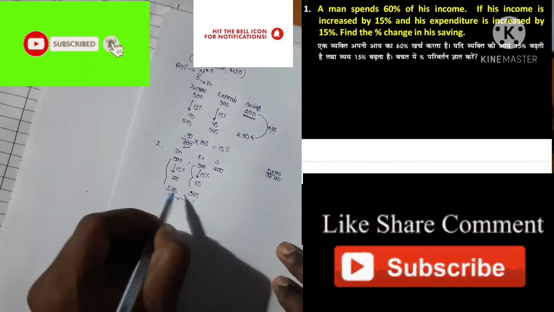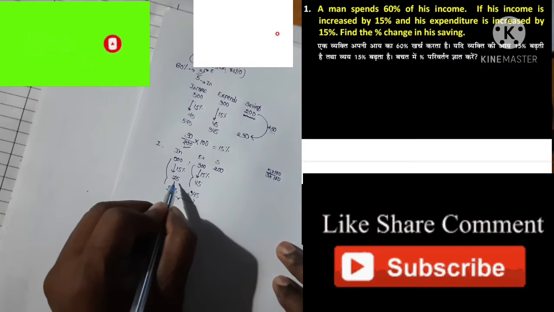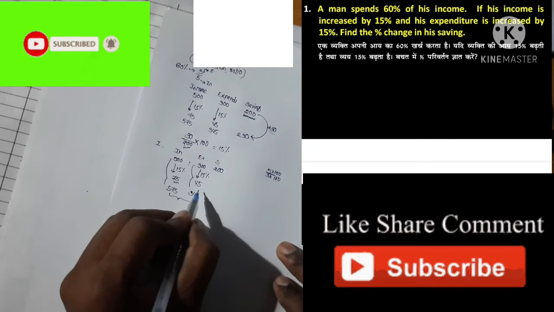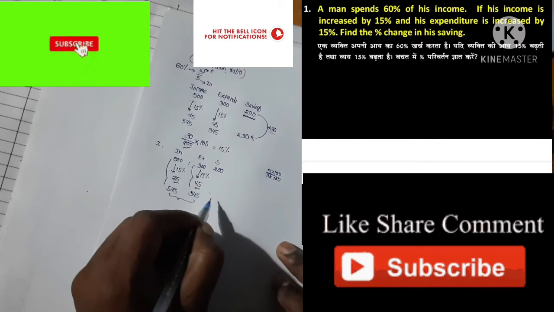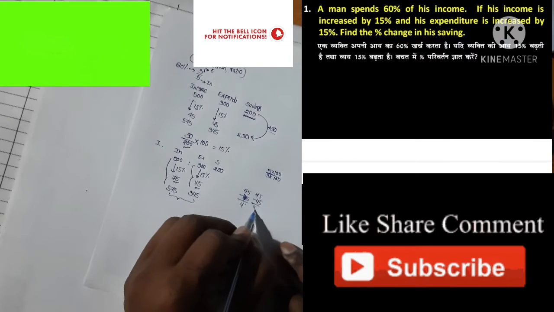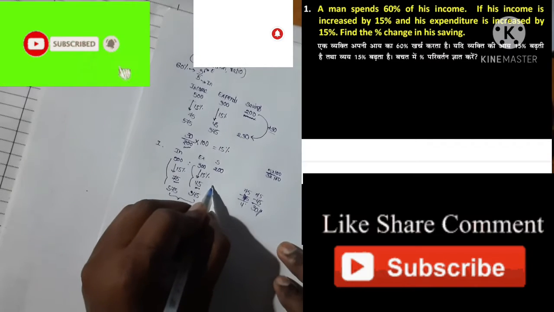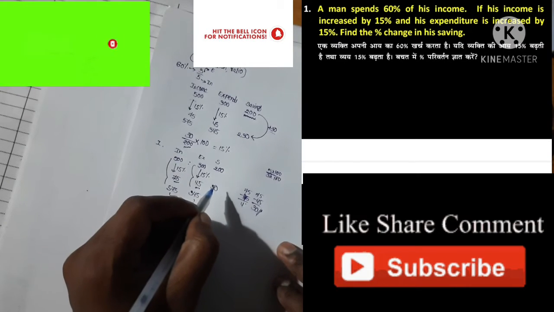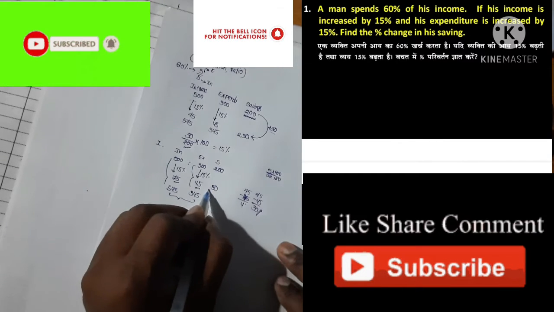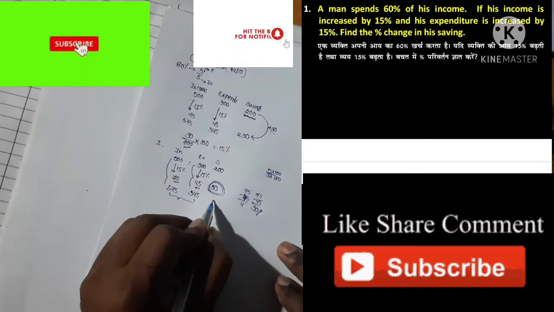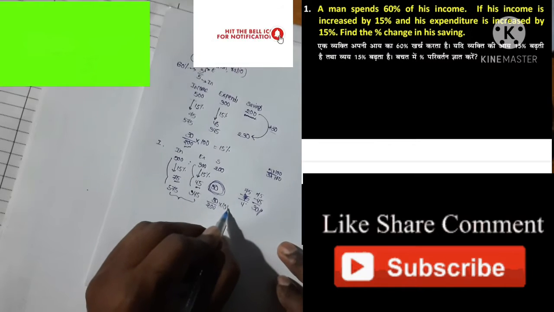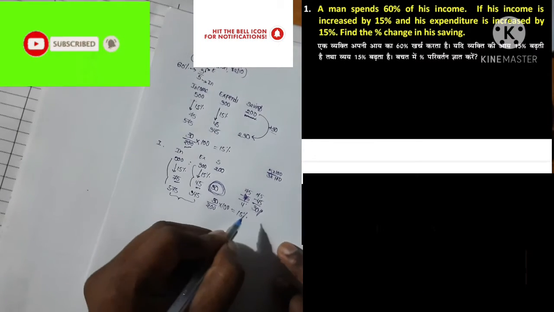Instead of doing all these calculations, the value is equal to increased income minus increased expenditure. So 75 minus 45, so value is 30. So the change in savings is 30 by 200 into 100, so value is equal to 15%.